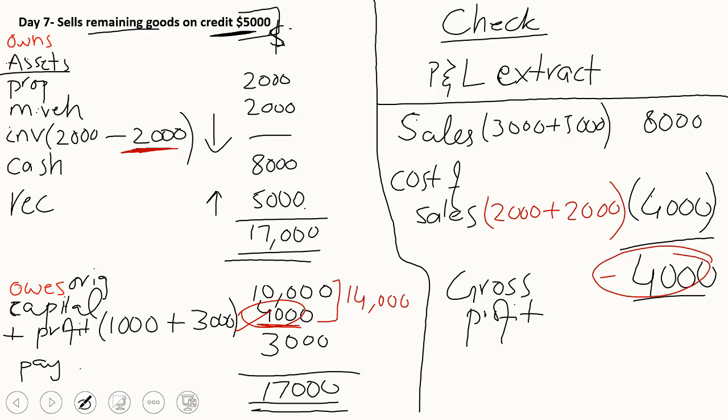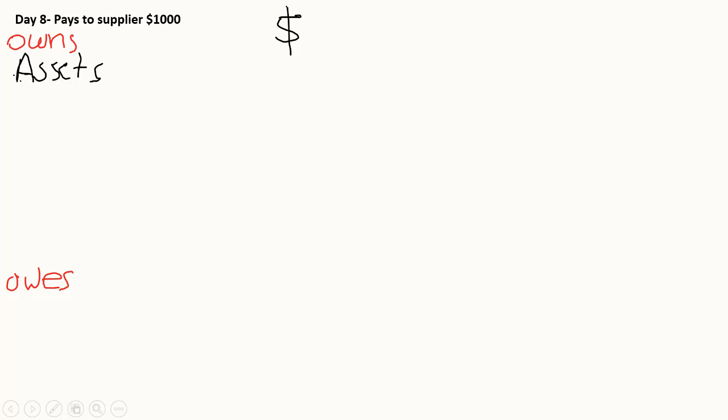Okay, moving to next example. On day 8, business has paid the supplier $1,000. So let's look at it. What business owns and what business owes.